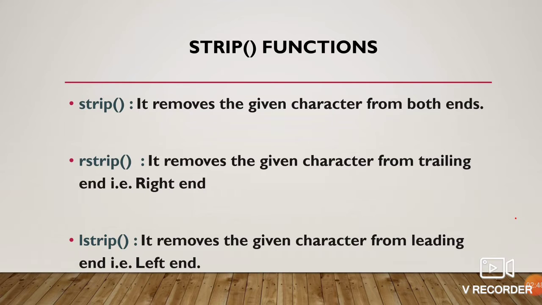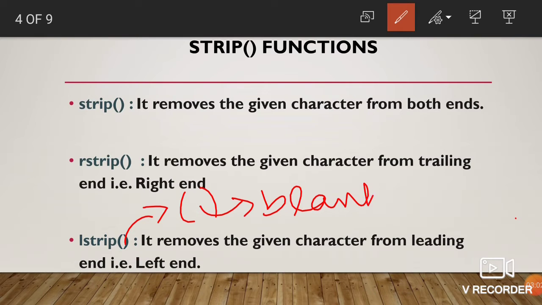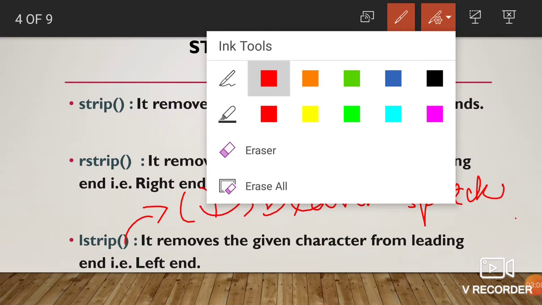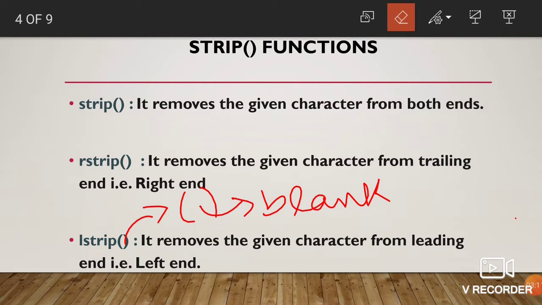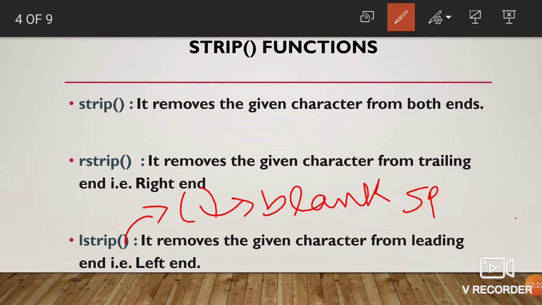This will remove all the blank spaces from the left end, because a blank space is given here, meaning it will remove blank spaces from the leading of the line, from the left end. Now we will see some examples.